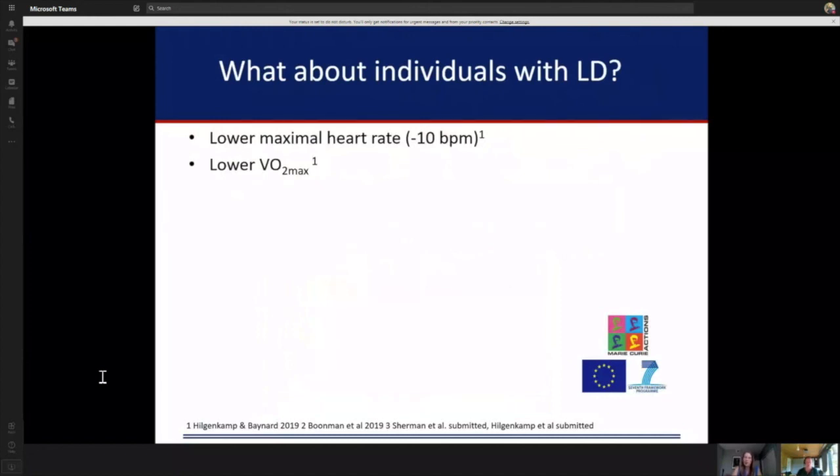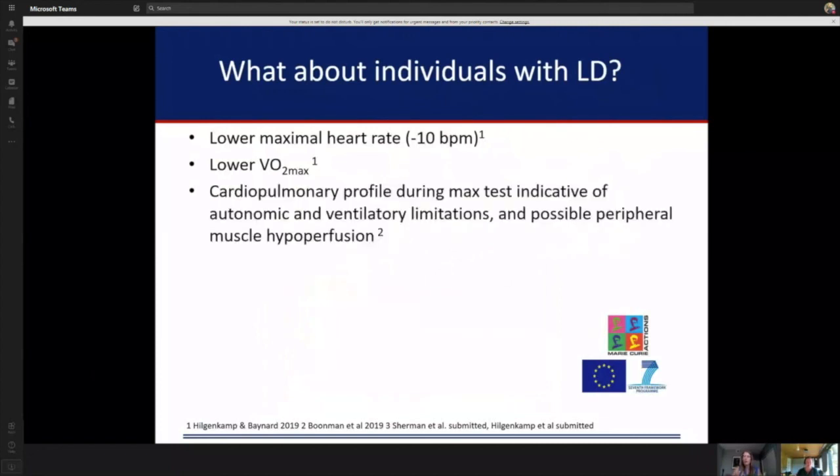But in the cardiopulmonary profile that we looked at as a whole during the max test, we saw not just autonomic, but also ventilatory limitations and a possible peripheral muscle hypoperfusion. So the hypoperfusion is what we were just talking about, the blood flow regulation. So that warrants further research in individuals with learning disabilities as well.